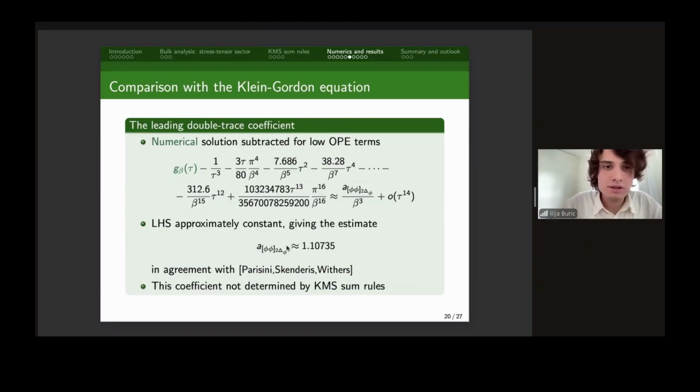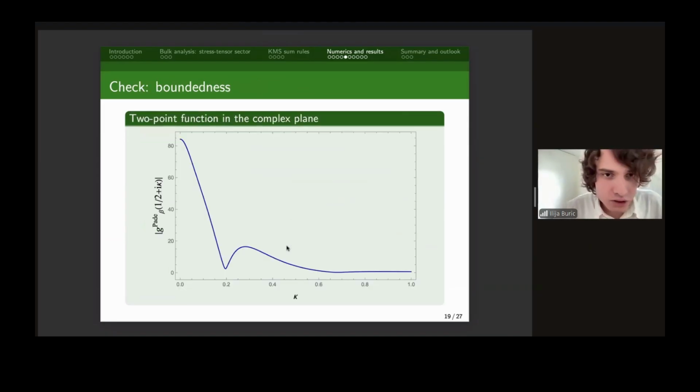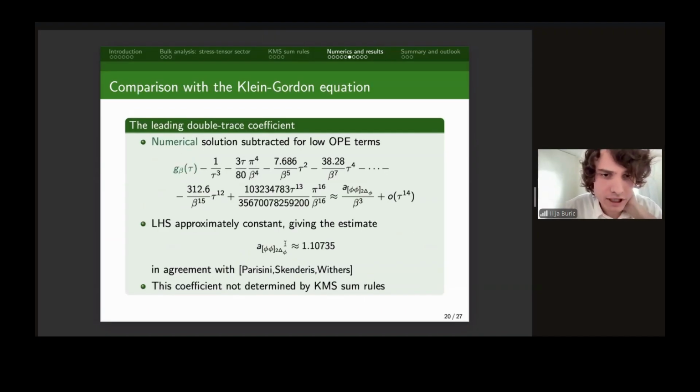Okay, so this is also one kind of nice check of the procedure, but maybe the main check of the whole procedure is comparison with the numerical Klein-Gordon equation, so numerical solutions to the Klein-Gordon equation in the bulk. And because I think I have time, I can explain a little bit how we did this comparison.